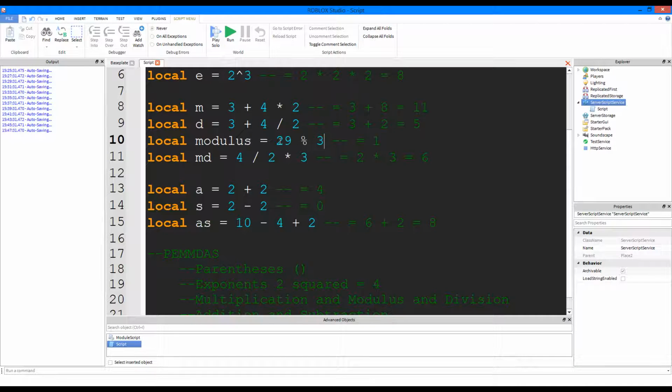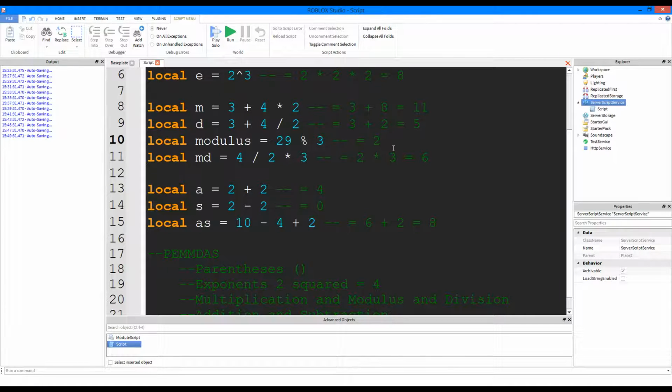So 29 modulus 3, so 29 divided by 3, find the remainder of that, is going to equal not 1, but 2, because 27 is the biggest multiple of 3 that fits into 29. And then there's still 2 left over after that because 2 is smaller than 3.